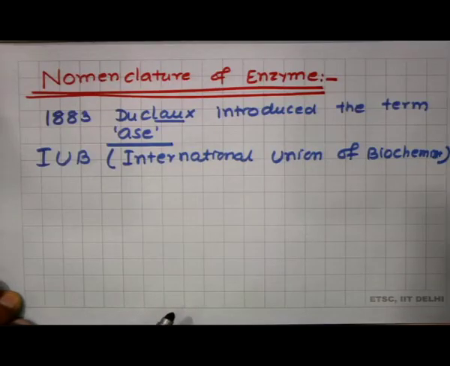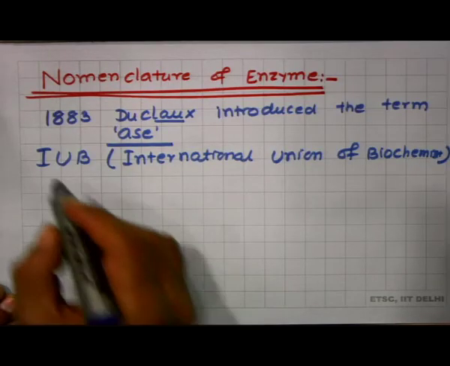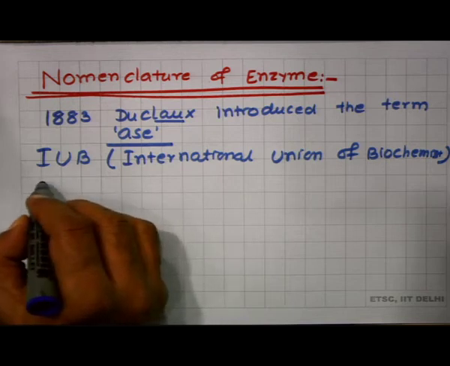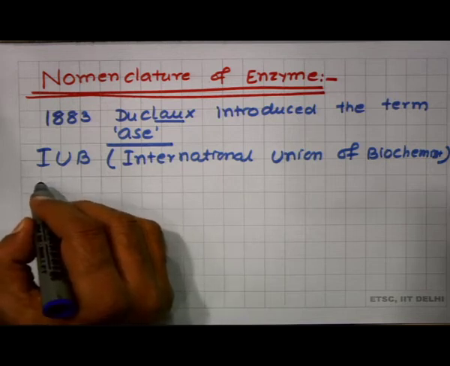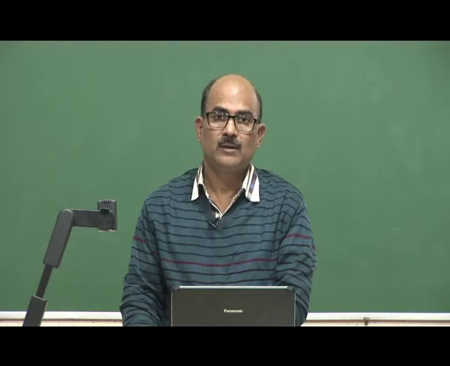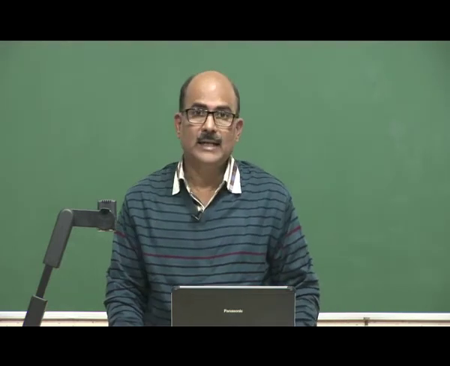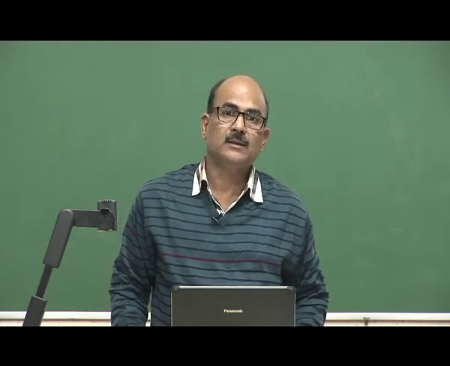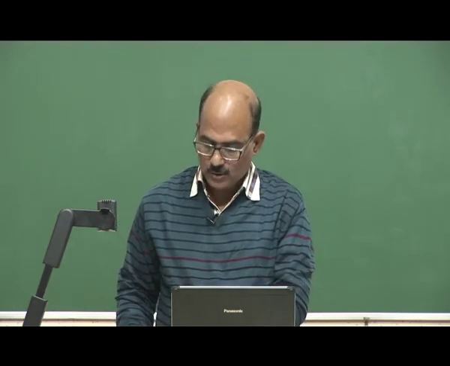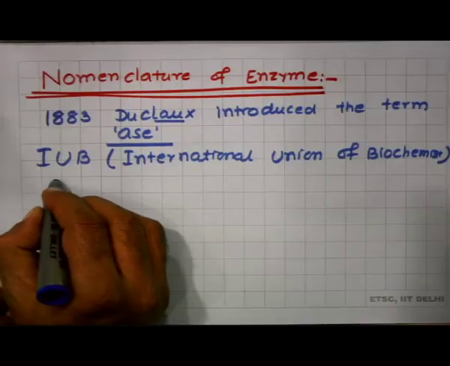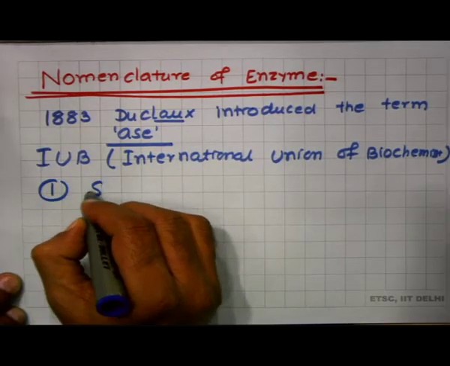According to the IUB, certain principles are adopted for naming enzymes. One of the principles, given by Dubrunfaut in 1883, gave the first preference.